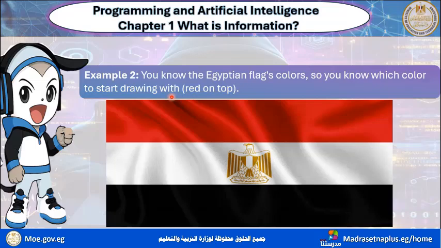Well, red, white, and black are the colors of the Egyptian flag. This is information. And we know that the Egyptian flag starts with red on the top, and this is knowledge. So this is how to differentiate between the 3 of them: data, information, and knowledge.